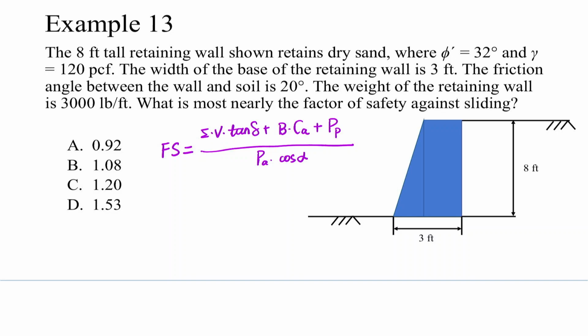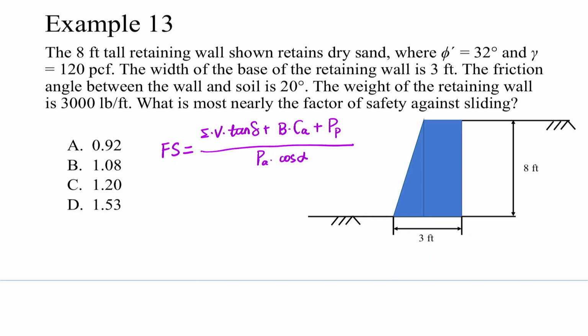Again, this is a very general form of calculating factor of safety against the sliding, considering you might have sloped soil on the back of the wall, and also considering passive force. But in our case, the back of the wall doesn't have any slope, it's flat.